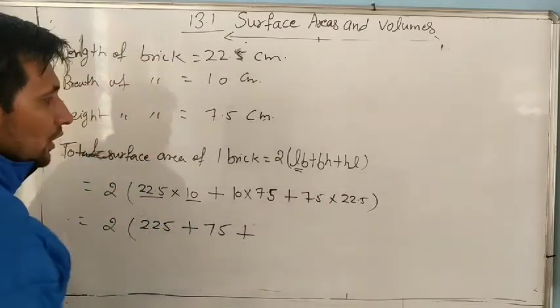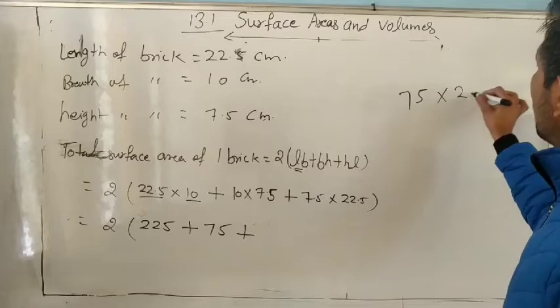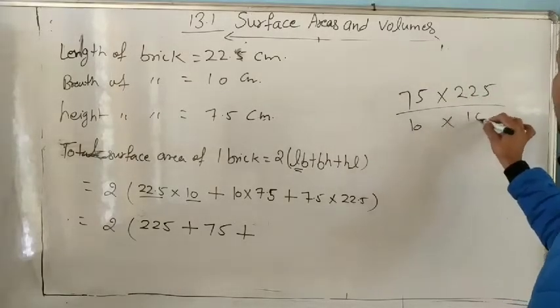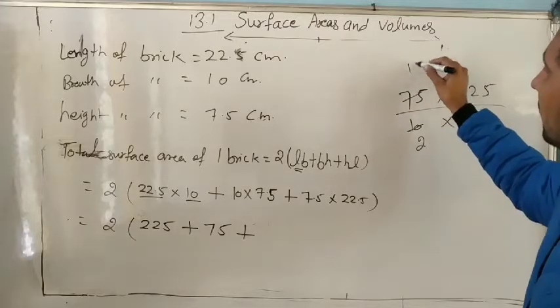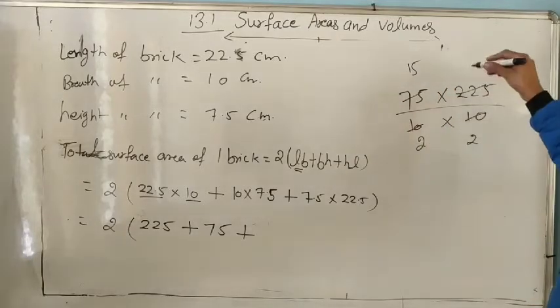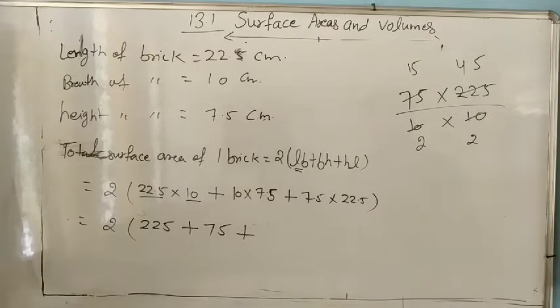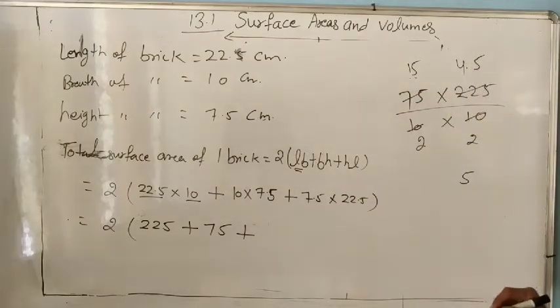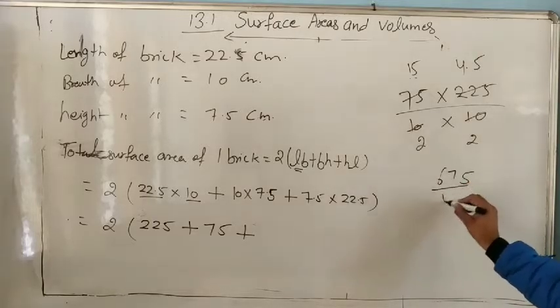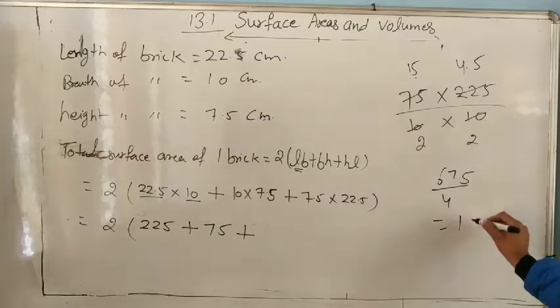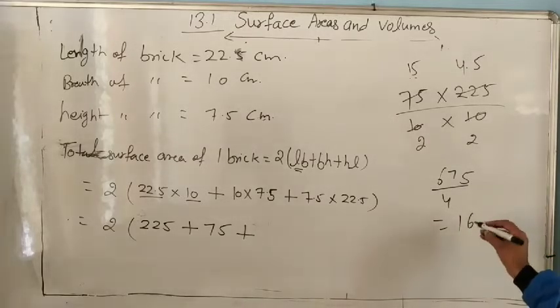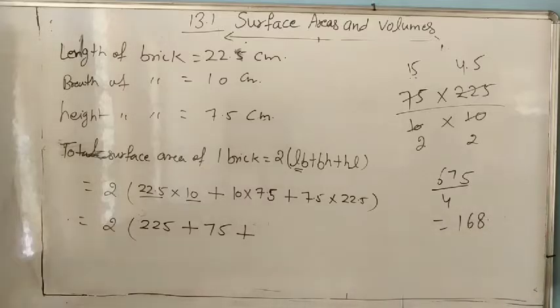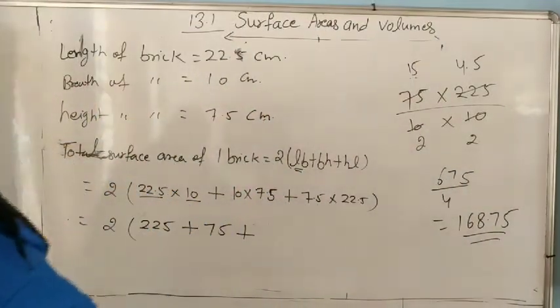Next we solve 7.5 into 22.5. 5 times 5 is 25, carry 2. 15 times 5 is 75, 15 times 4 is 60, 60 plus 7 is 67, and divided by 4. So 168. Understand?